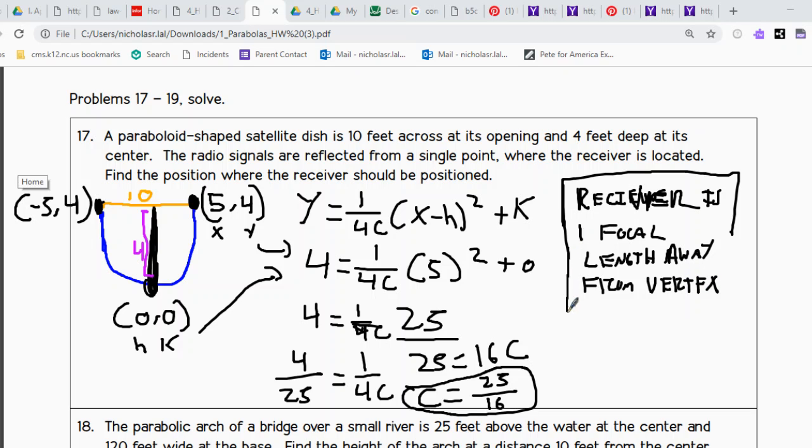Because the receiver is one focal length away from the vertex, the receiver should be located at 25/16. That means c is equal to 25/16. Yes, Matt.